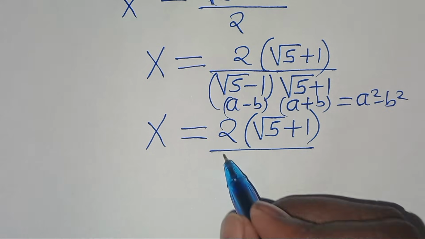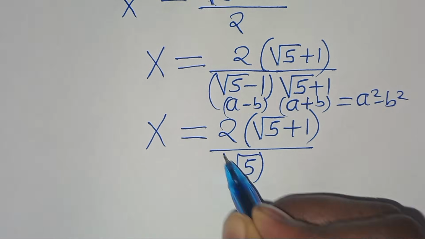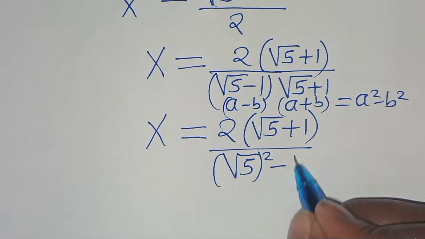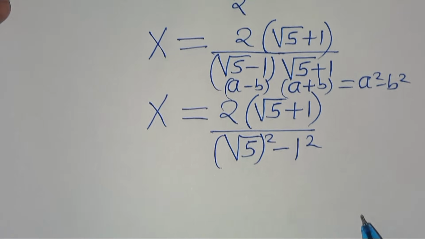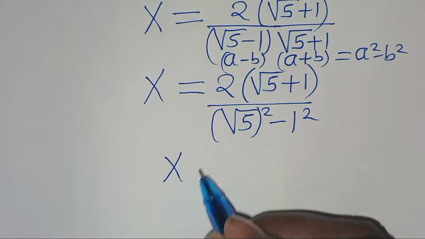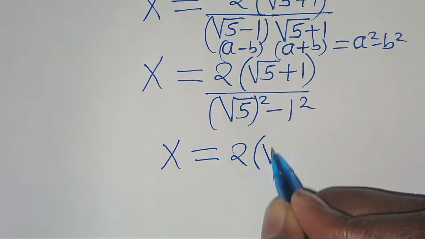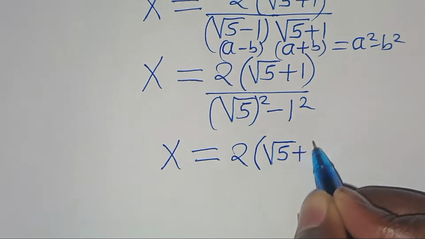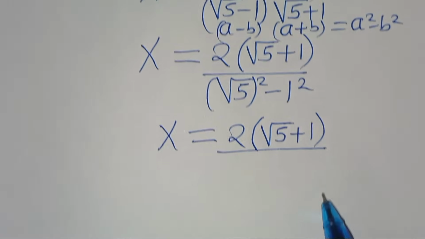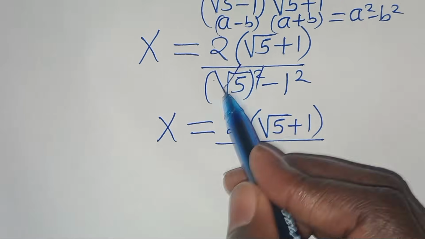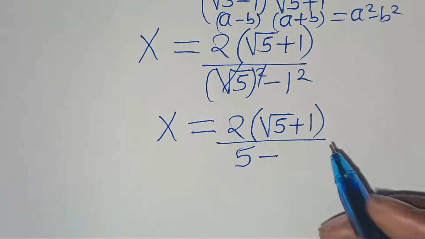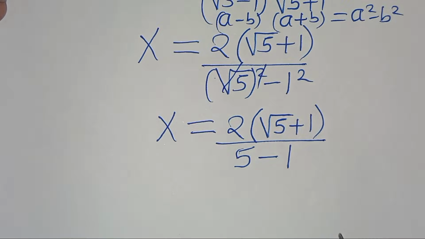So we have here square root of 5 to the power of 2 minus 1 squared. So we have x is equal to 2 into the parentheses, this is square root of 5 plus 1 divided by square root of 5 to the power of 2, this is 5 minus 1 squared, this is 1.